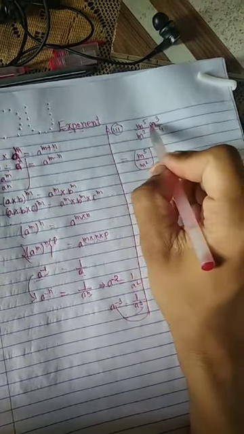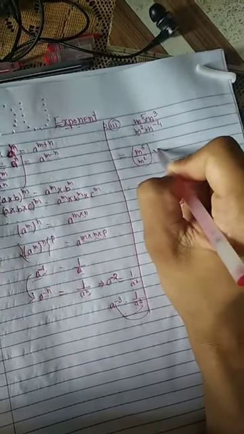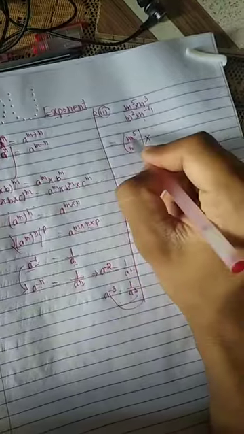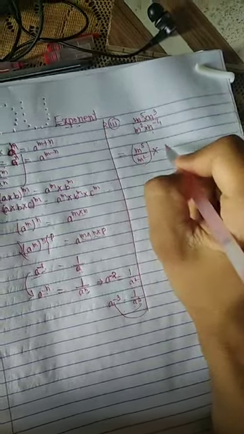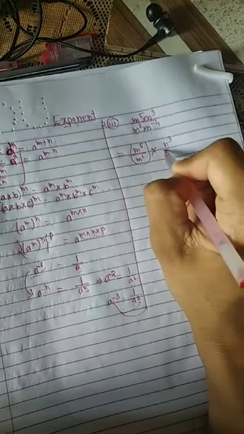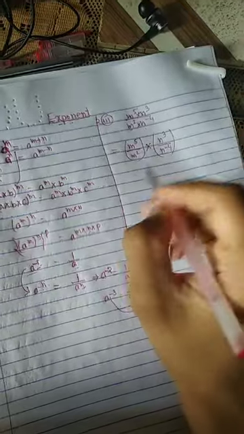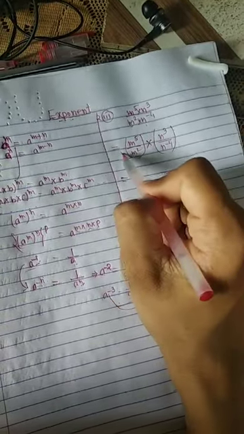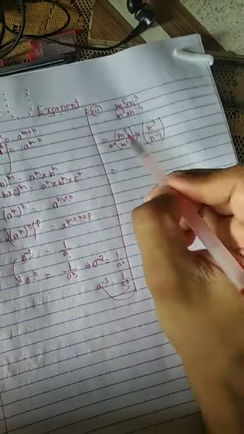Because we have no sign, meaning we have multiplication, we can separate it and write separately m to the power 5 divided by m square, into n cube by n to the power minus 4, both in brackets. Now it's time to use the formula. Which formula do we use here?